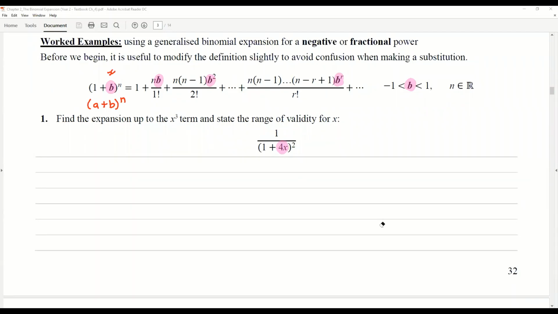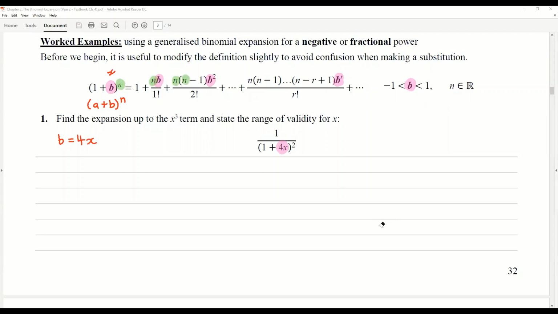So in this example, my b is equal to 4x, and this saves me writing x equals 4x, which is just very poor notation. We also need to know what our n is. So remember, if we go back to the definition that I've put here, n is featured all the way along. So we're going to need to substitute in our n.